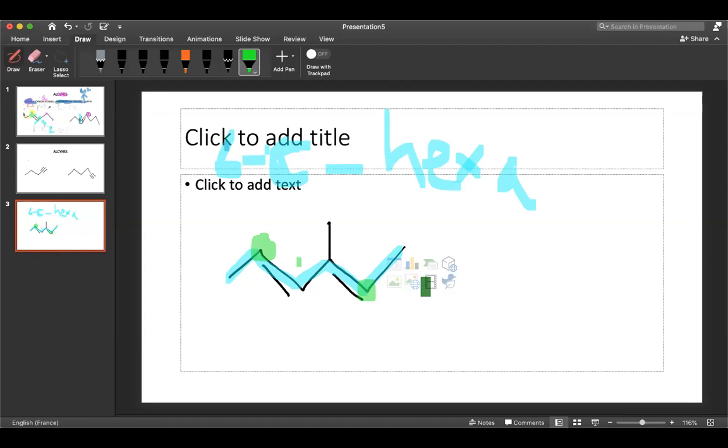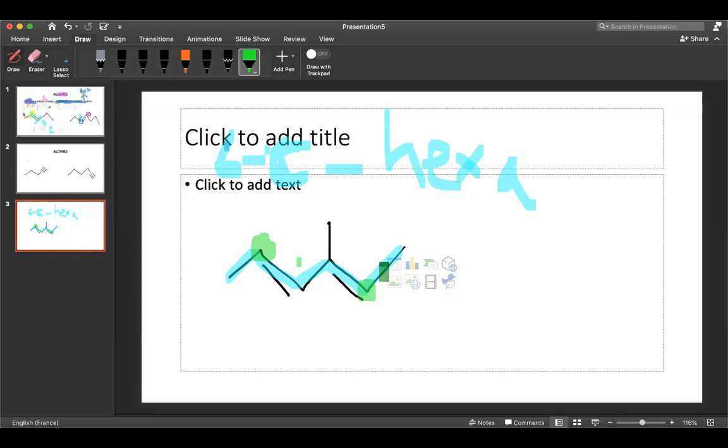Please take note. We are still on rule number 2, the position of the substituent and the position of the liaison. Where you have a double liaison and a substituent, the double liaison comes first, then the substituent.